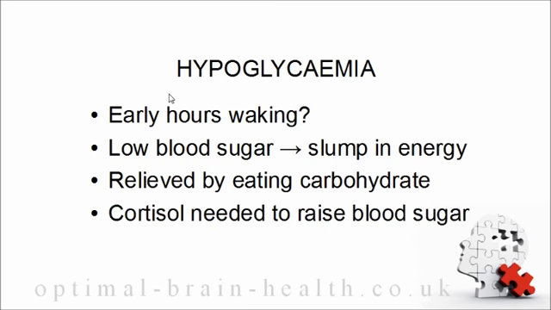Now the point here is that if you can't produce enough cortisol, you're going to be prone to this state, because cortisol is, in practice, the most important hormone for raising your blood sugar back up again when it's dipped low. So a prevalence of hypoglycemic slumps is a common sign of the burnout stage of adrenal dysregulation.